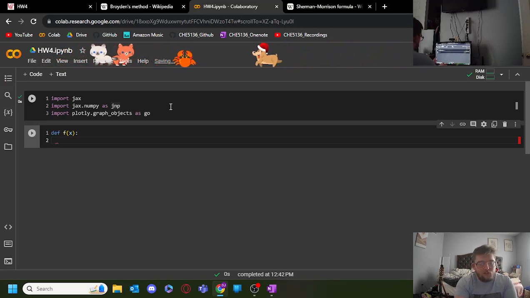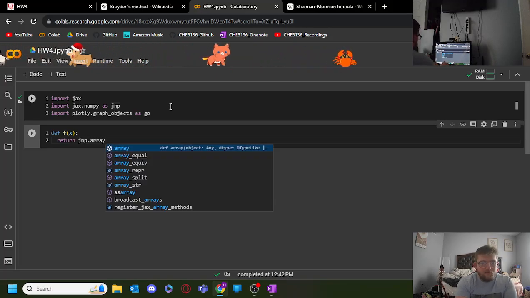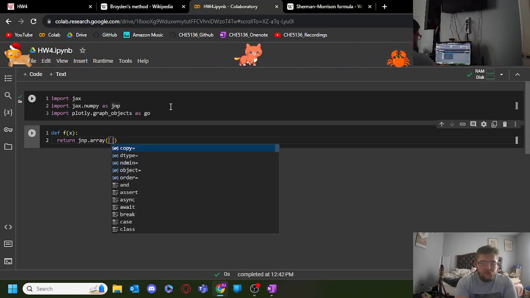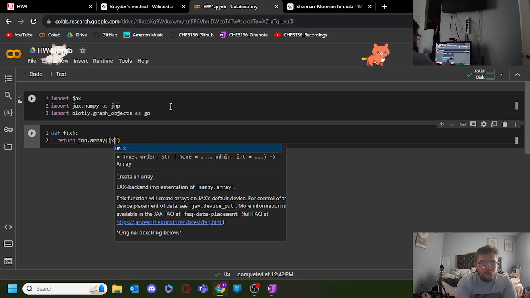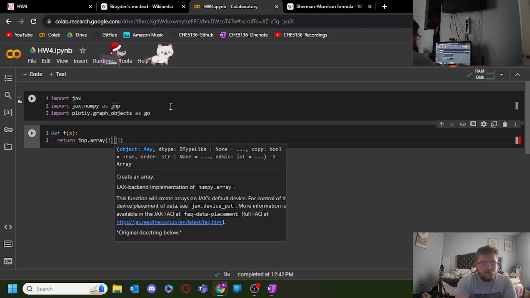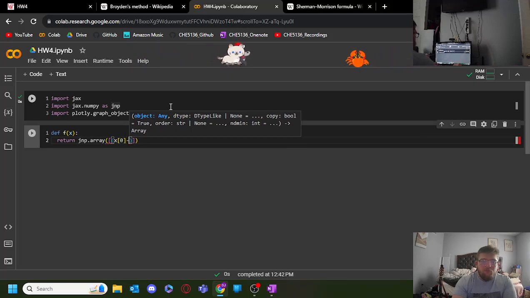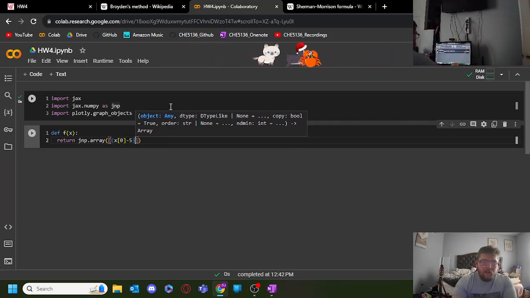But going on with this, we're going to have f return a JAX array. And then in the first part, we think of what function we could use. Let's do x0 minus, say, 5.